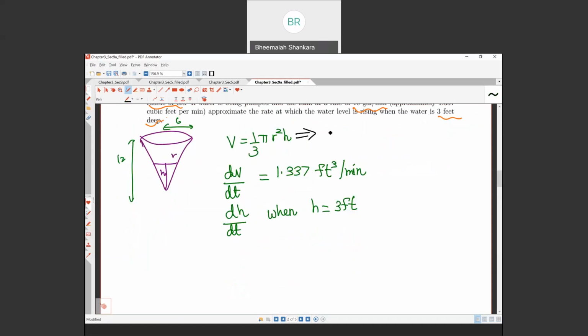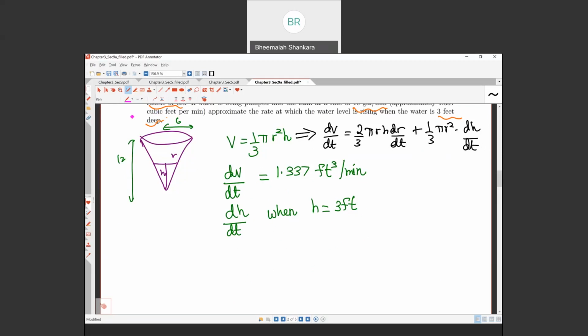When you do the differentiation, you have dV over dt equals 2/3 pi r h dr over dt. We are doing the product rule. And then 1 over 3 pi r squared times dh over dt.